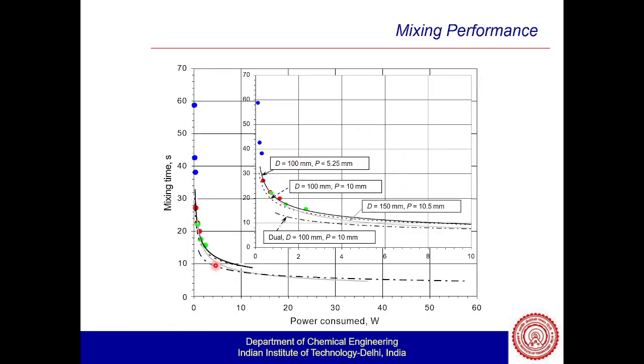As I said earlier, what is called the mixing time? The mixing time is the time at which the concentration or temperature over all the points in the system reaches an equilibrium value. For example, if you put salt in water and mix it, after some time the salt gets dissolved in the water if it is present in a small concentration.